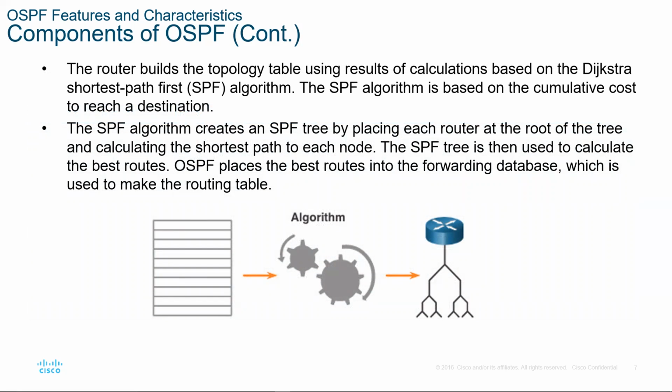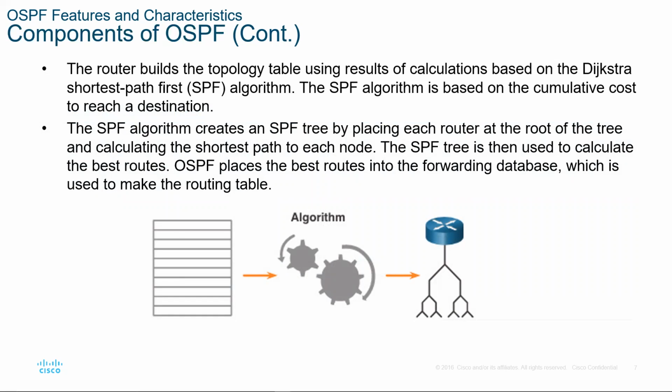So what algorithm does it use? It uses Dijkstra's shortest path first. Now you're thinking, how difficult is that? Well, if you've got GPS, you're basically using it. All right, so basically it looks at all the alternative paths to the destination and creates a cost.